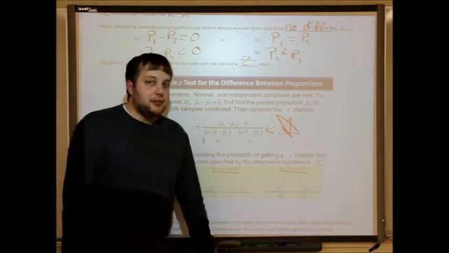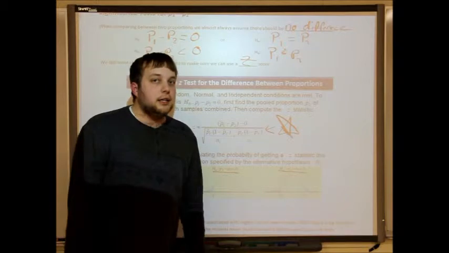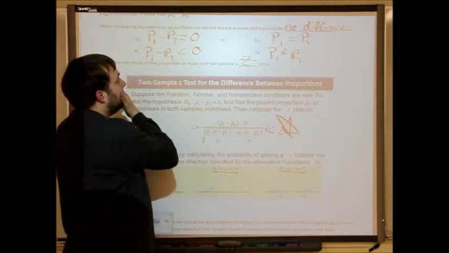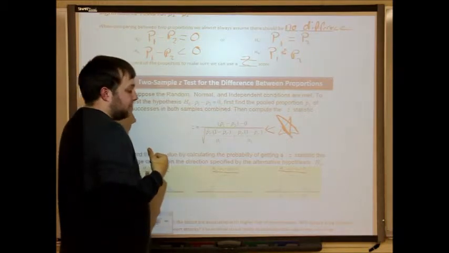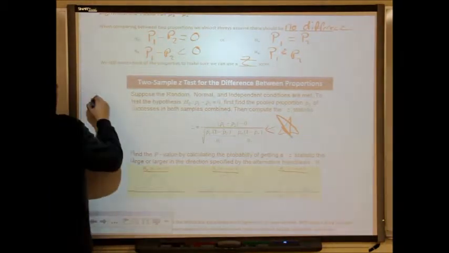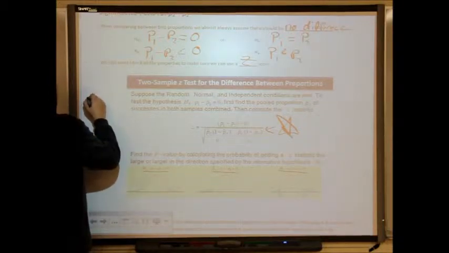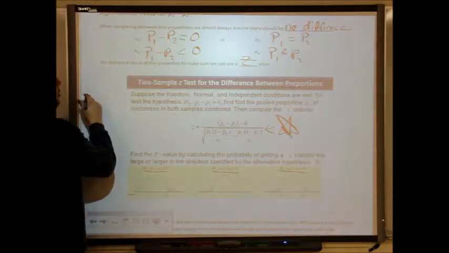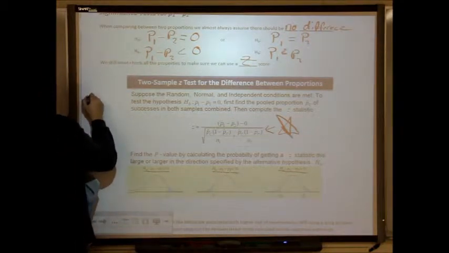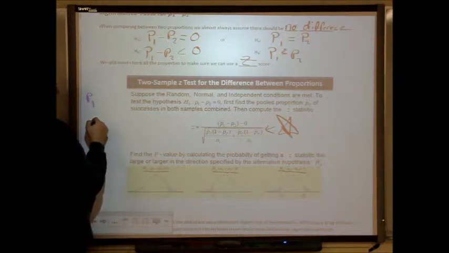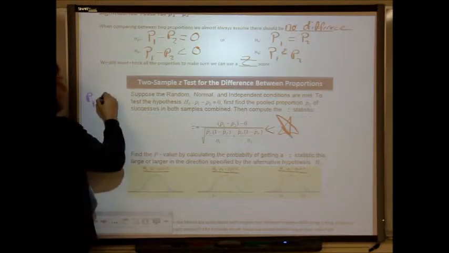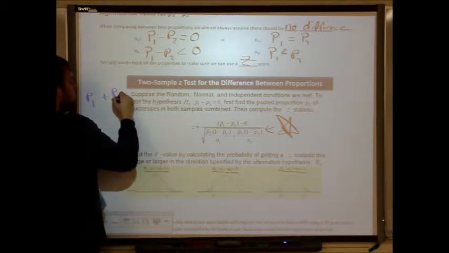Well, it's our best estimated guess, basically, of what it should be. What should be the true proportion of these two events happening. So what we do is we take our P1, or our amount of it happening, and we add it to our P2.